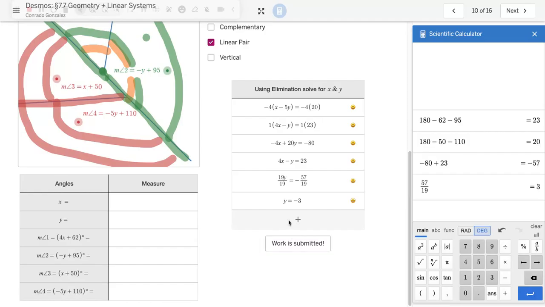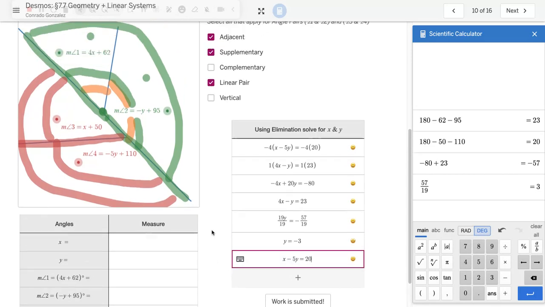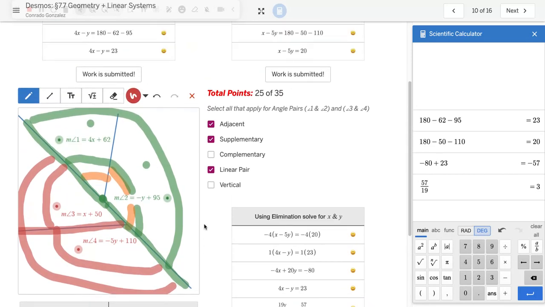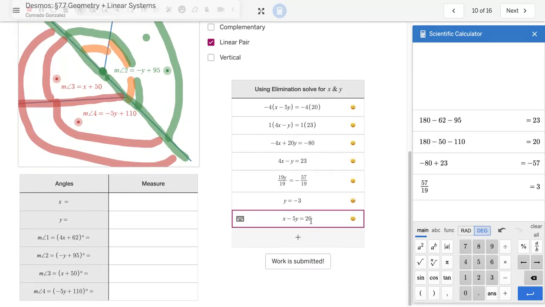Now I've got to solve for x. I'm going to use the equation x minus 5y equals 20. Let me make sure. Yes, x minus 5y equals 20. Instead of y, I put negative 3.